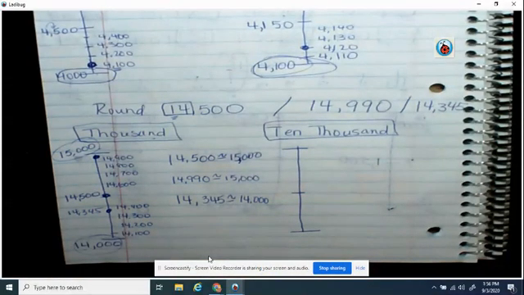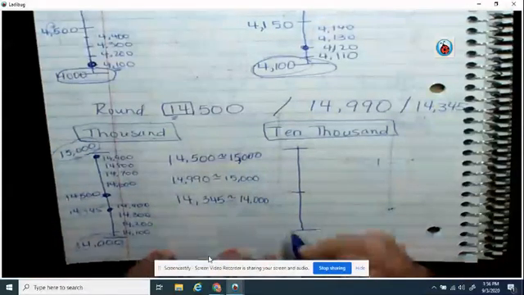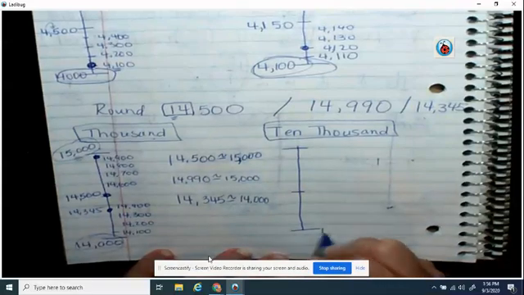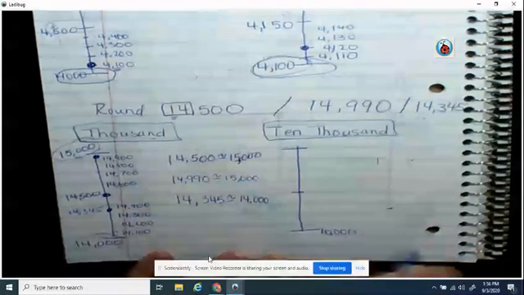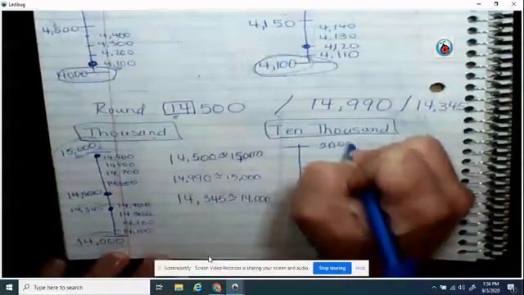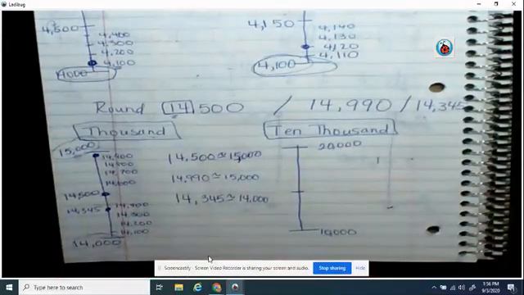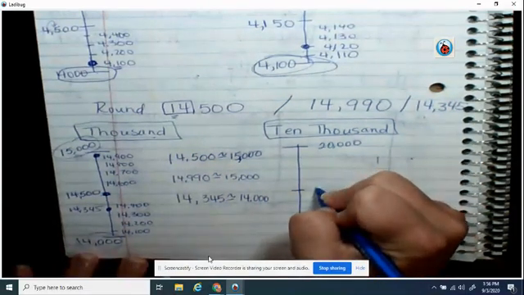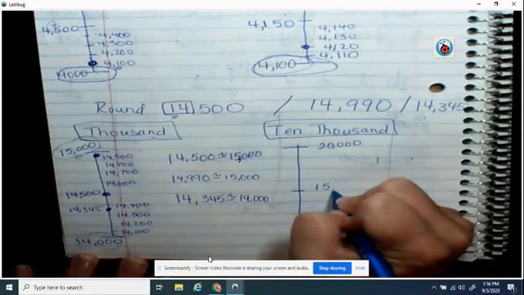All right, so I said, okay, we'll do it to the nearest thousand, and we just did that. Now let's look at what happens when we look at 10,000. If we're looking at the nearest 10,000, then we would have 10,000 on one end and 20,000 on the other end. And what would be in the middle? In the middle would be 15,000.